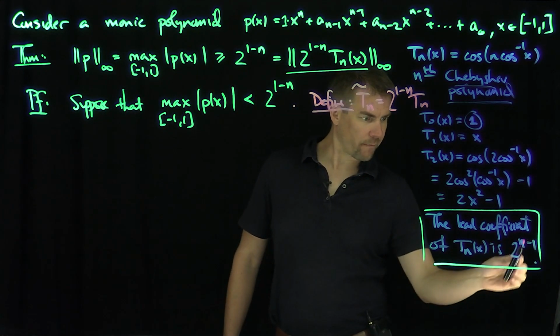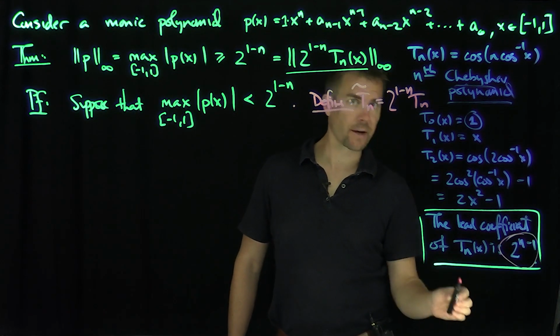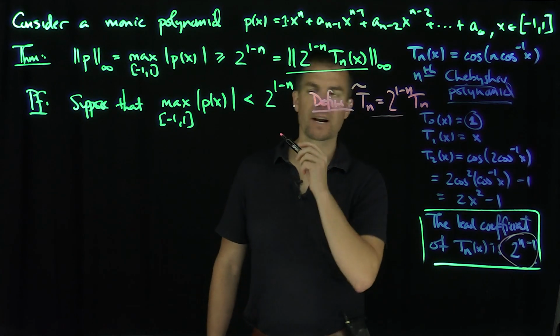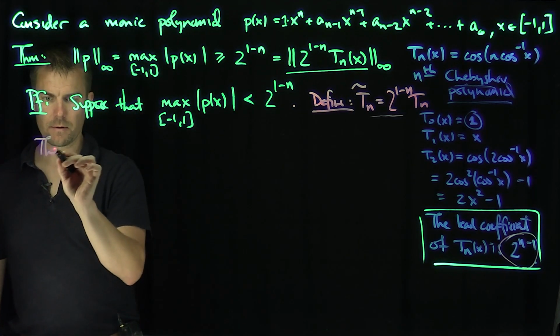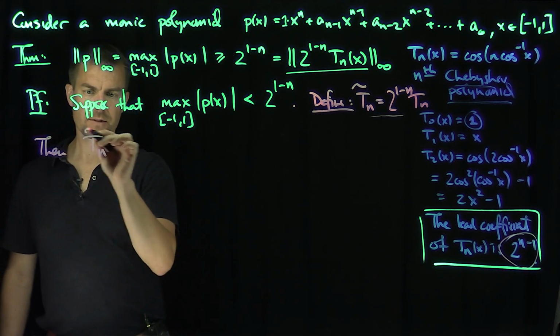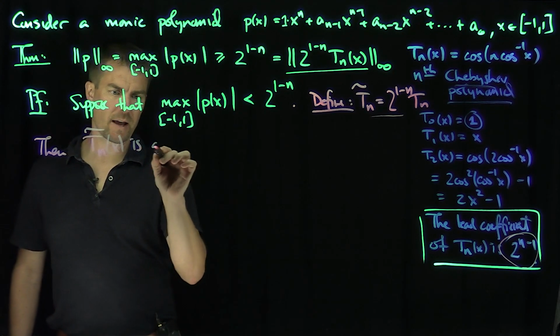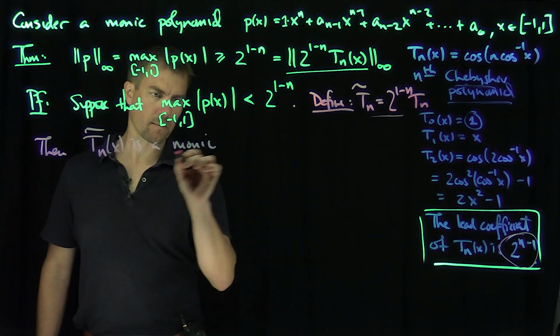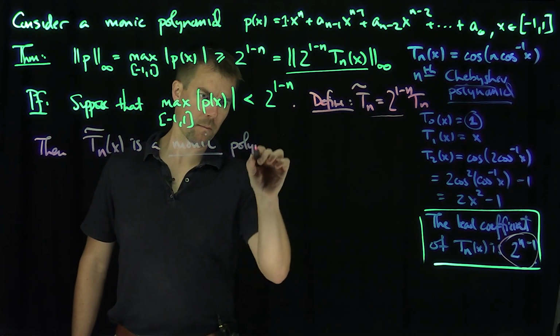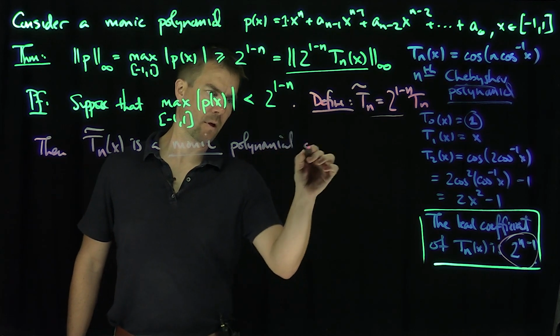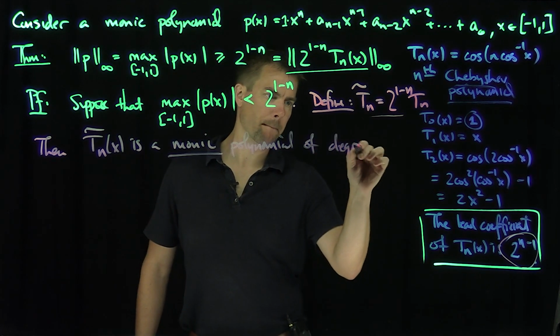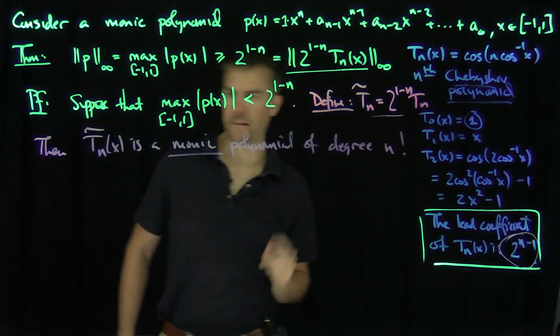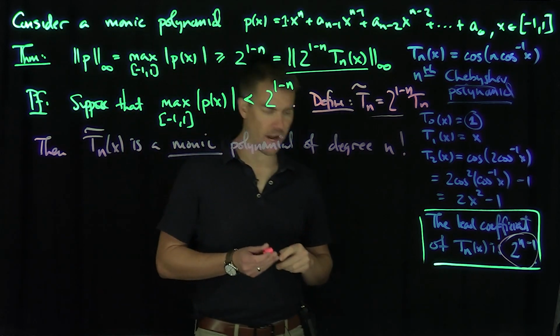Well, if the lead coefficient of Tn of x is 2 to the n minus 1, then Tn tilde of x is a monic polynomial of degree n.